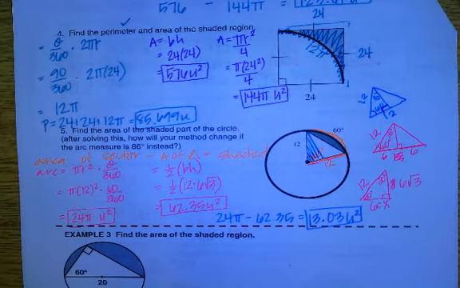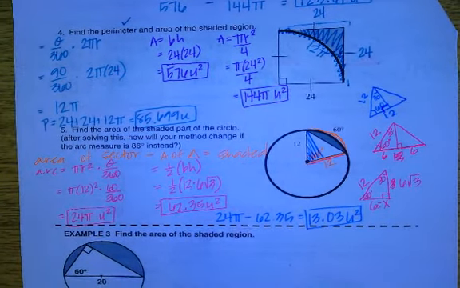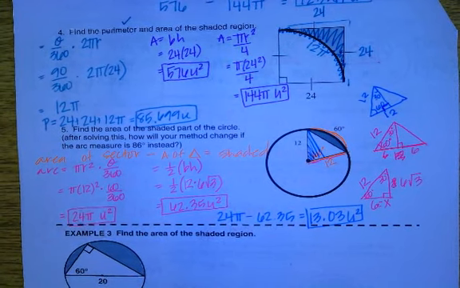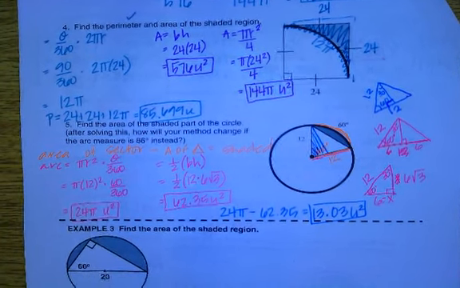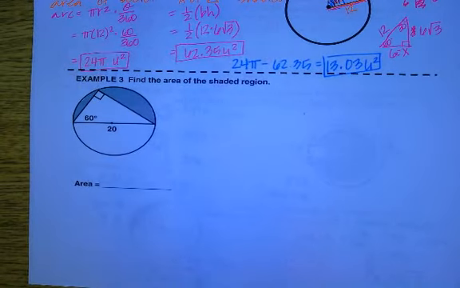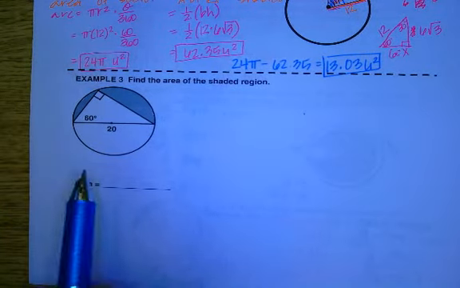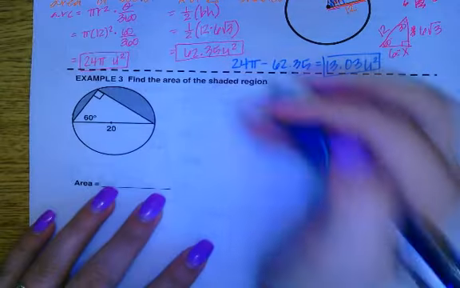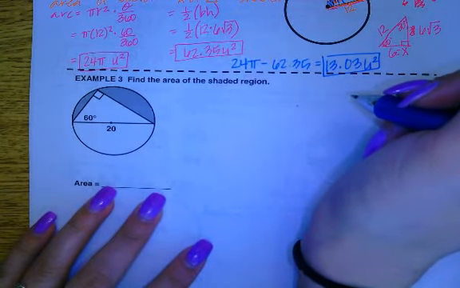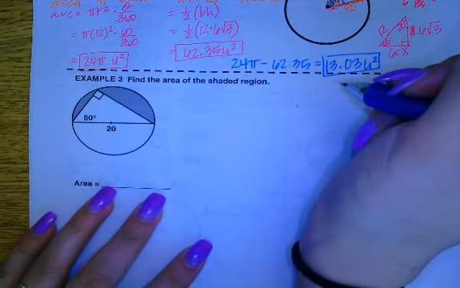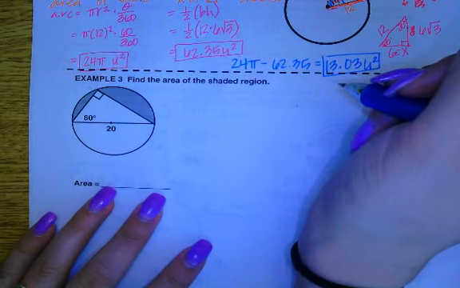Okay, you guys try example 3 on your own. First let's put into words how you're going to find it. How are you going to find the area of this shaded part? Area of the sector minus the area of the triangle. And in this case our sector is what shape?